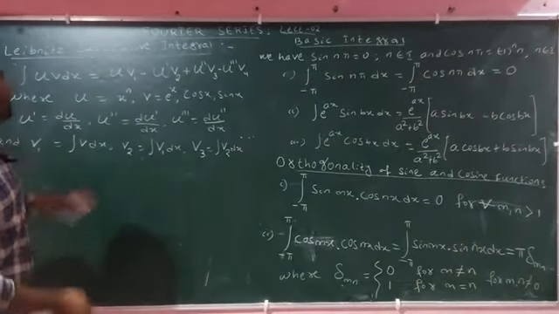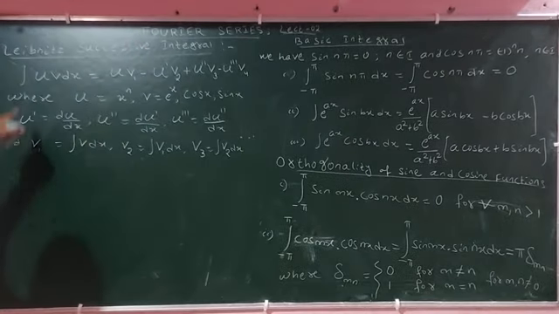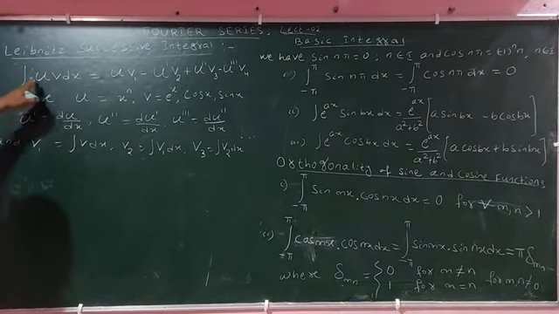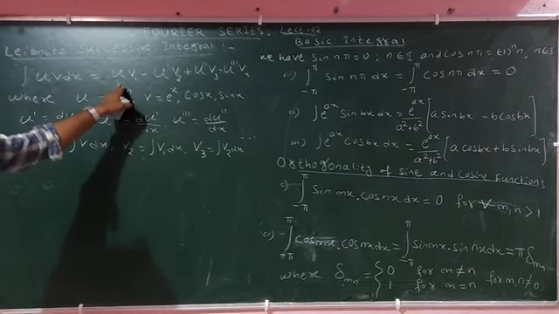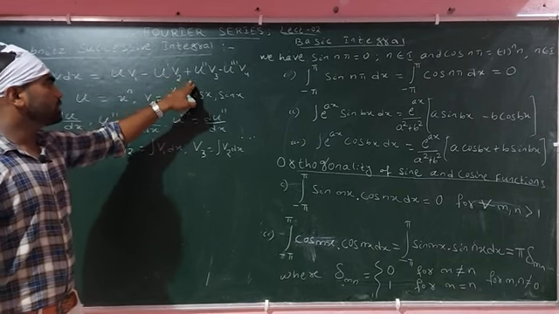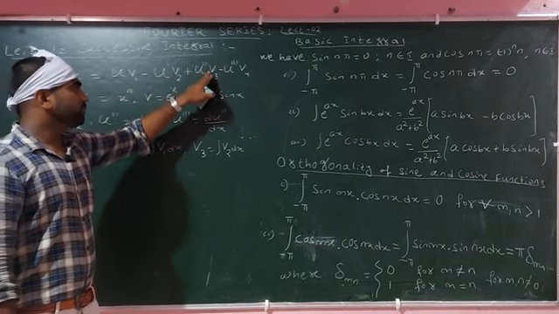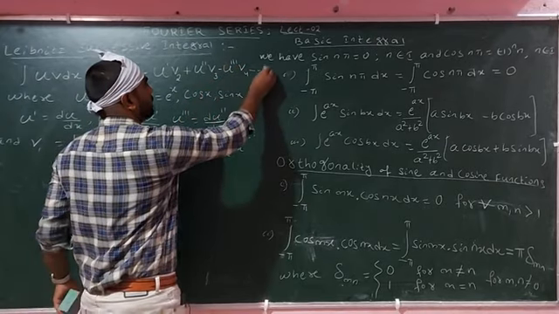Today we discuss Leibniz successive integration. The integral of uv dx equals u v1 minus u' v2 plus u'' v3 minus u''' v4, and so on.